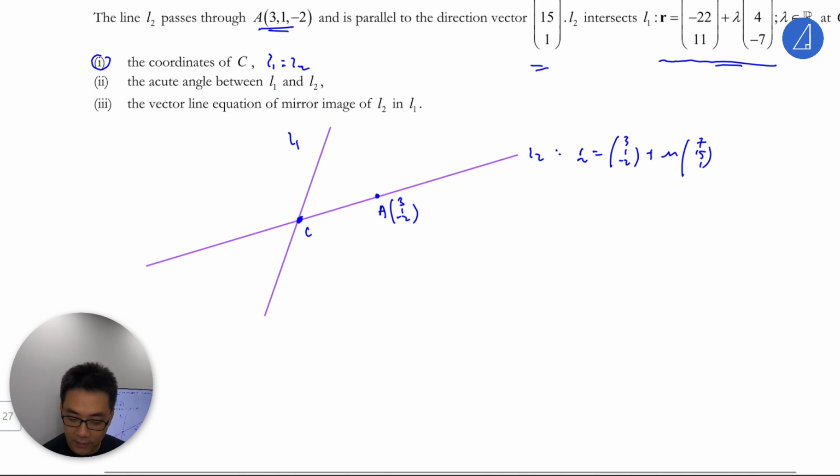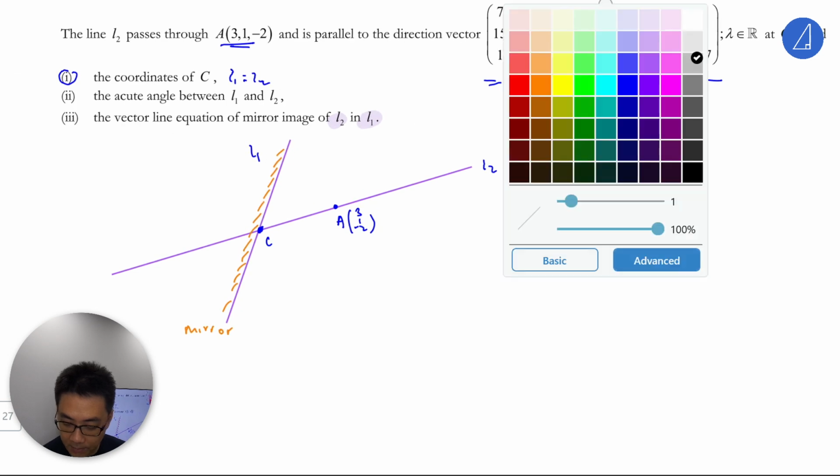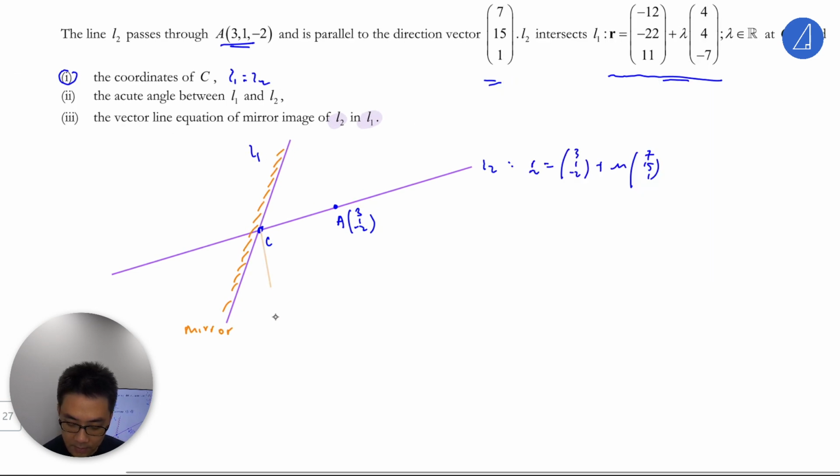Okay, so you want the vector line equation of L2 in L1, meaning L1 is a mirror. And then you are supposed to find this line here. Okay, so this is the mirror line.